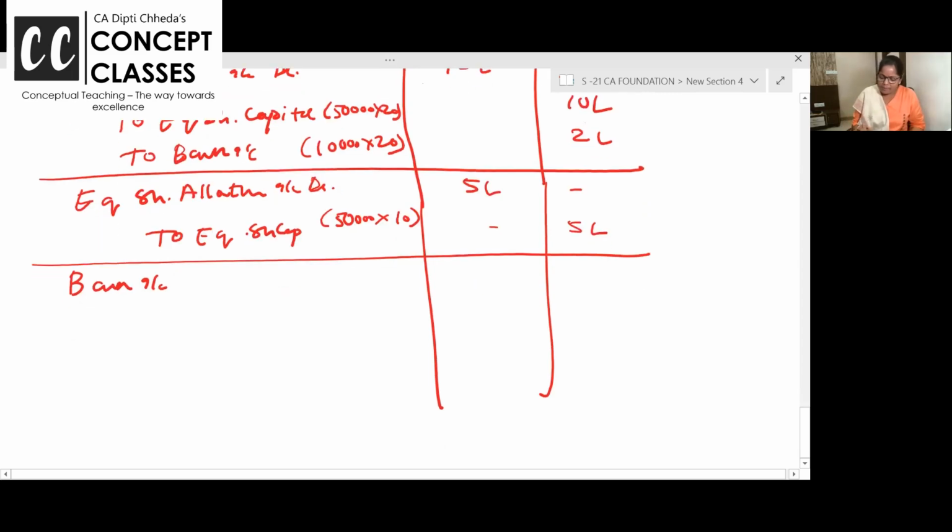So now bank account debit. 45,000 shareholders only paid the allotment money, that is 10. Call in arrears: these are the 5,000 shareholders who didn't pay.